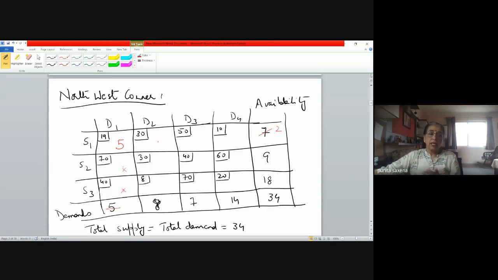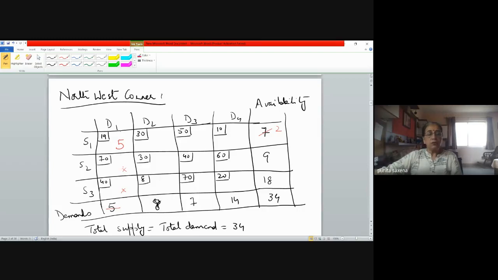The source could be exhausted, but the demand still left to be met, like the example when I said it could have been 4 here and 5 here. So we would have supplied 4 in this cell. The source is exhausted, but the demand is still left. In that case, we would have moved vertically down. In this case, we are moving horizontally to the next cell.